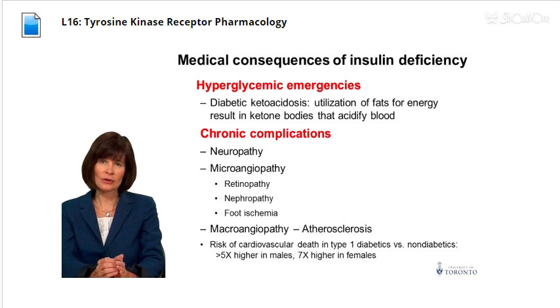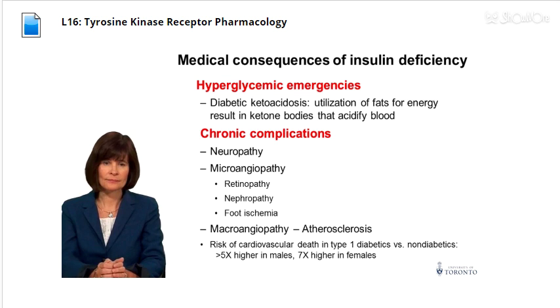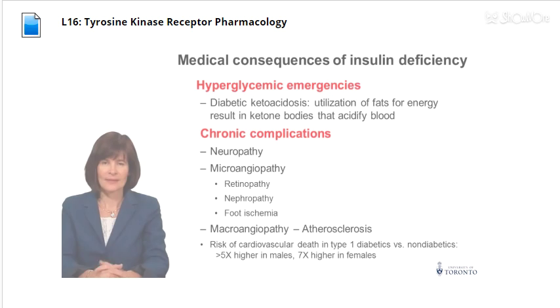Less urgent but chronic conditions that result from poorly treated diabetes arise from poor glycemic control. Over time, this leads to a series of complications in the nervous system with loss of sensory nerve function. Chronically poor cardiovascular health results in microangiopathies, resulting in damage to the retina, kidneys, and limbs.